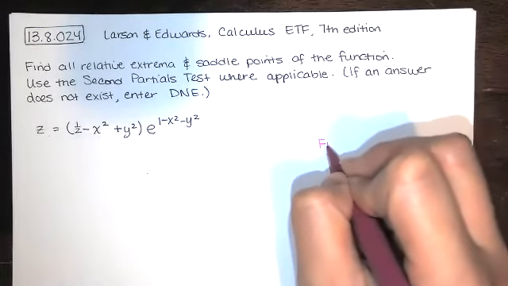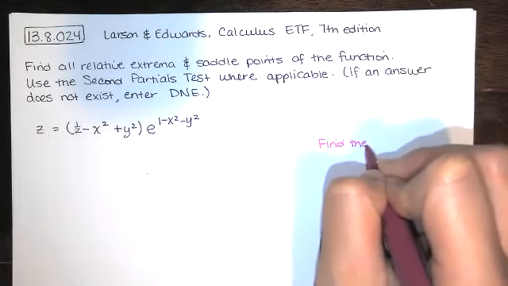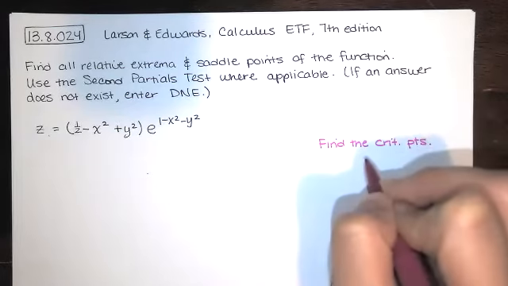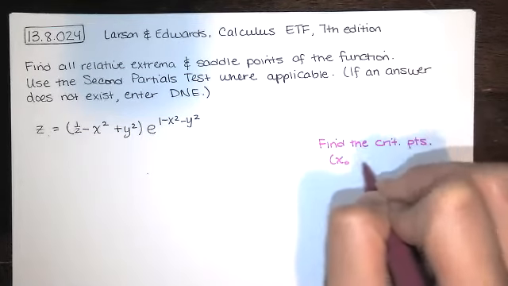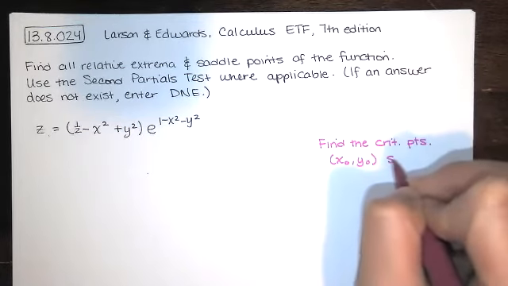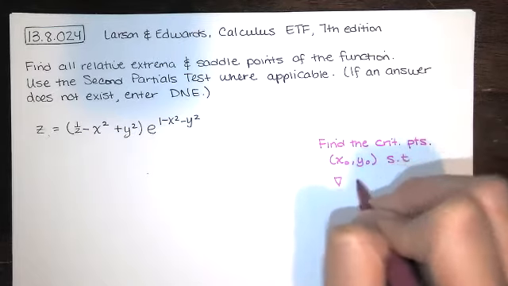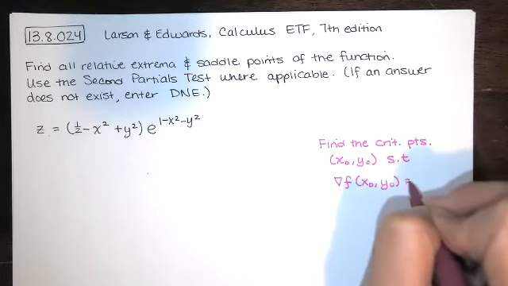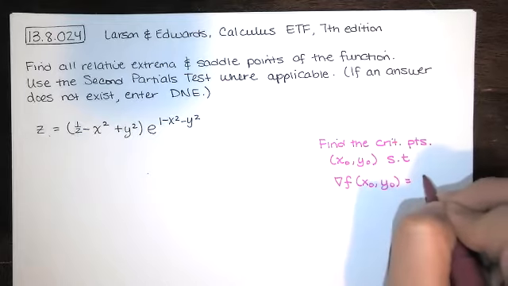So let me write that down. So we're looking for all x naught, y naught, such that the gradient of the function evaluated at x naught, y naught is the 0 vector.